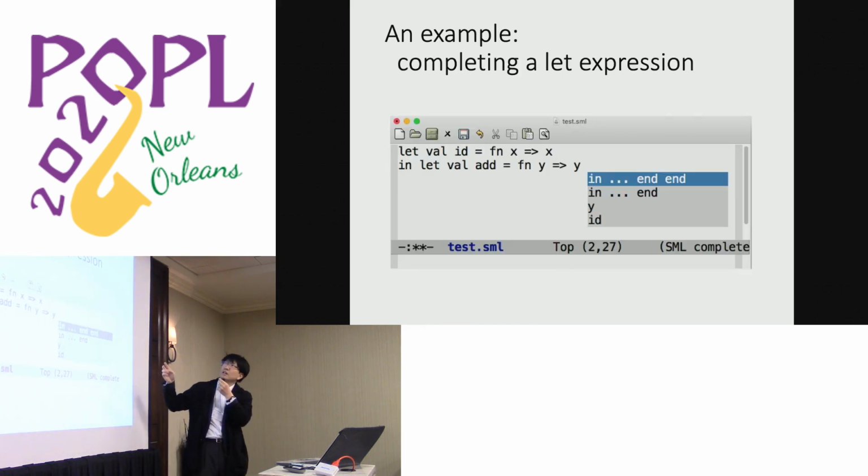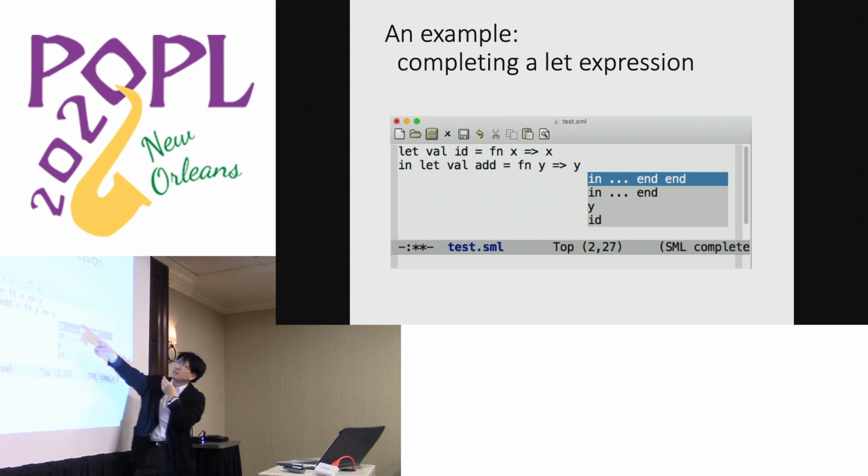This is a very simple example. This is a subset of the Standard ML language. Suppose here is the cursor, and if we push the tab key, then this kind of candidates is popped up.